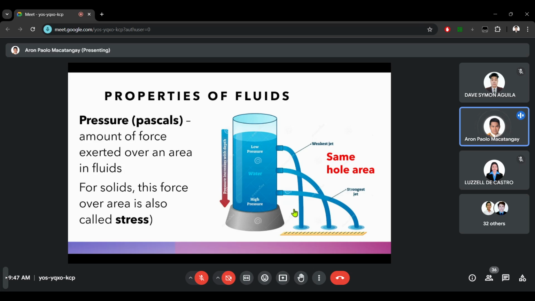So that's actually one benefit of living on a lower floor, because your water supply would be stronger compared to the higher floors. Okay? So that is one application of pressure in fluids. And in the following classes, we will understand why this phenomenon happens.